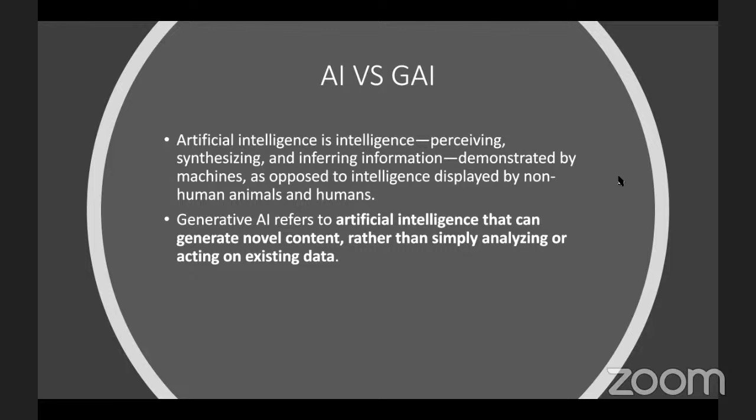So basically, it's not just about learning. We're not just giving the AI information and they interpret it. In actuality, we give them a lot of data, and with enough data, they are able to generate and create new things that did not exist before.